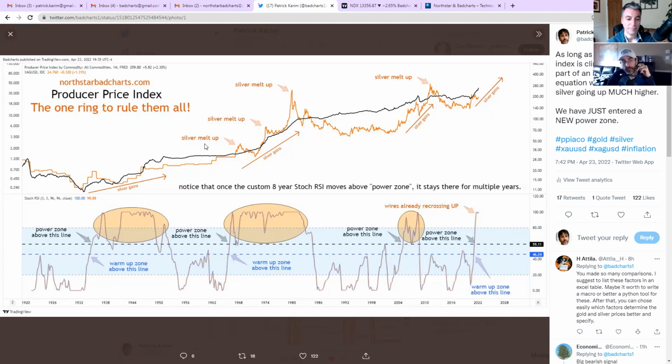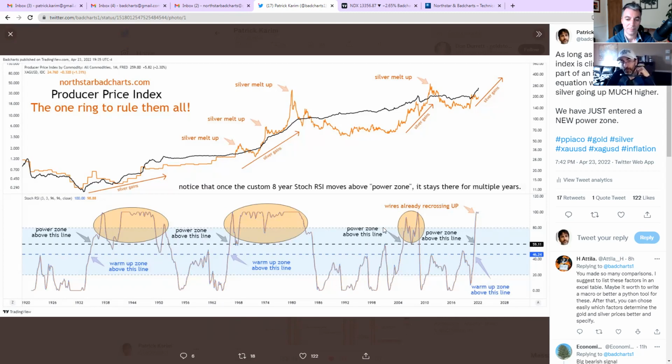Here, all this silver was stagnating, stock RSI stagnating, bull zone, good things happen. Even if there's huge pullbacks, silver did go from, I don't know, less than $2 all the way to 50 in the zone here. Bear zone, look, the stock RSI refused to go above the bull power zone or the power zone above this line.